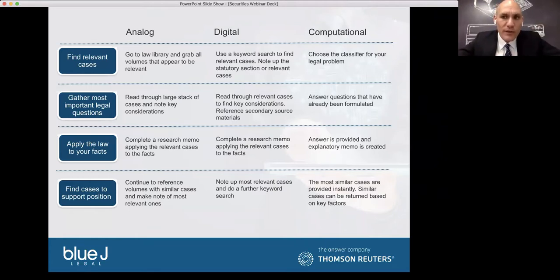The role of the human in the process is less about becoming an information collector and synthesizer directly, and more about identifying the issues and then interacting with the tools in an intelligent way. This is how the computational approach is going to really change legal research. And I hope to give you a sense of that in a moment.